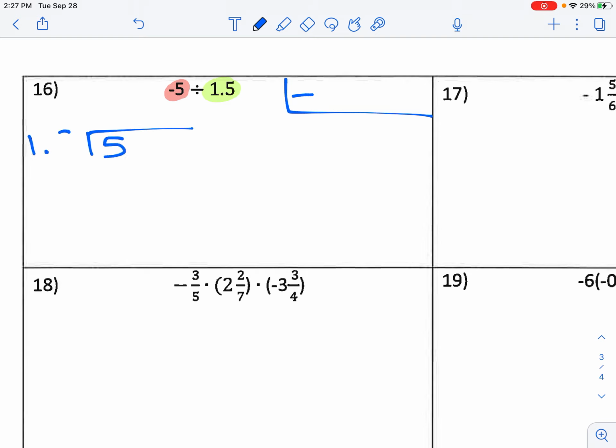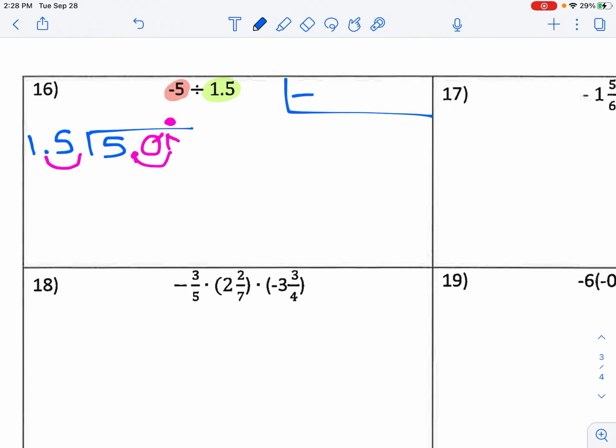The second number is your divisor that goes on the outside. So remember, before you start dividing, you've got to slide that decimal over, which means in the dividend, you're going to have to add a decimal, add a 0, and slide it over. From that point, your decimal is going to go straight up in your answer.